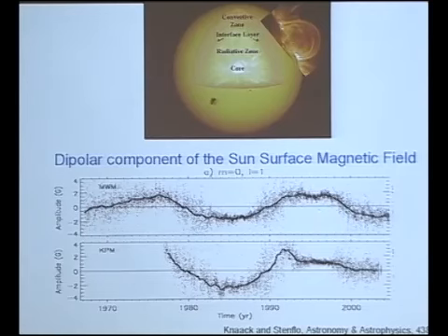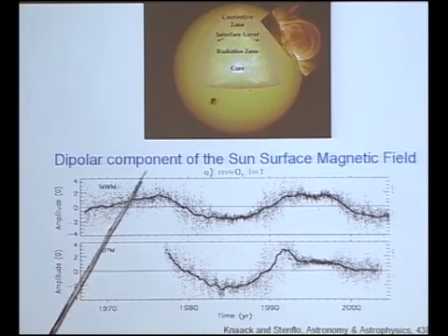Another object that has some dynamical evolution of the magnetic field is the Sun. The Sun also generates some magnetic field by dynamo instability. In the last 30 years, it has been possible to measure the magnetic field at the Sun's surface. From this measurement, you can do some spherical harmonic analysis of this magnetic field.